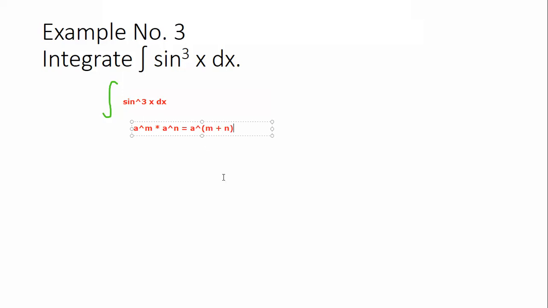We're going to use this in separating the exponent.